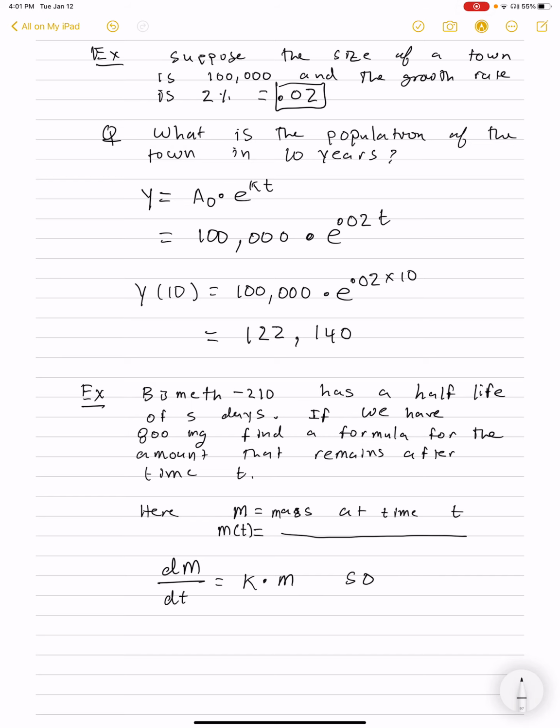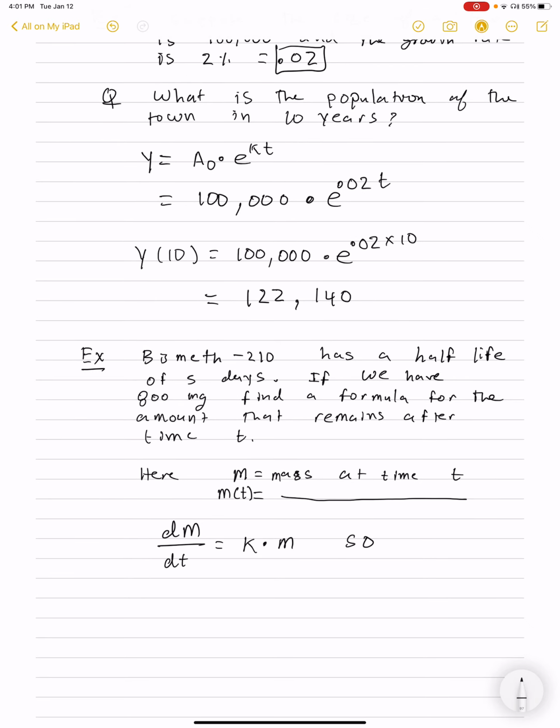And that's exactly the same equation we had before. So the mass, just by doing the same differential equation, is going to be equal to m0 times e to the kt.